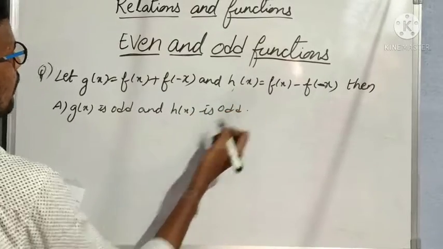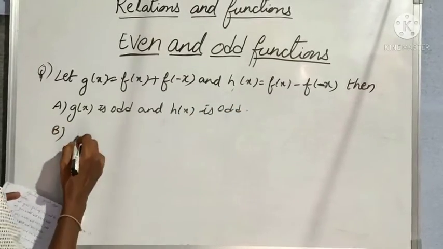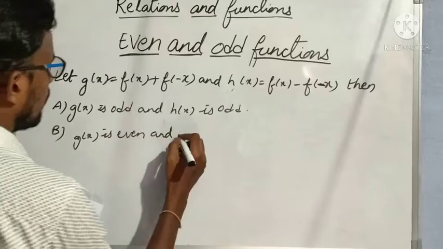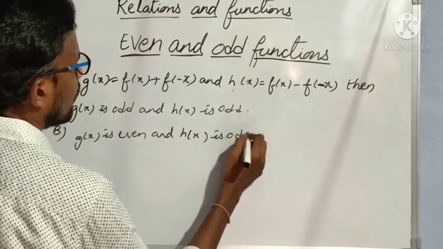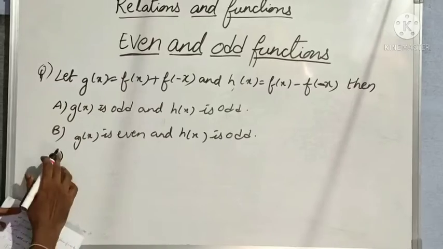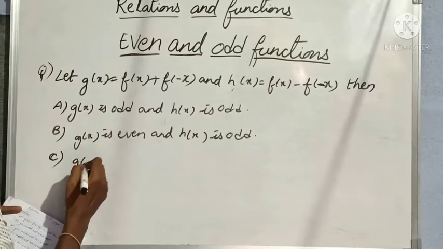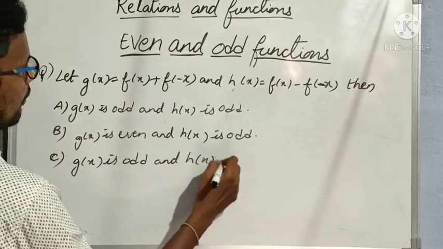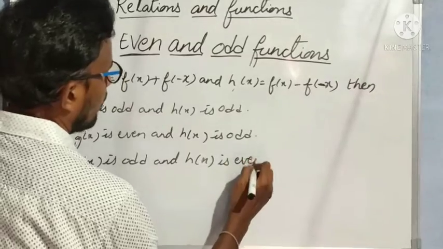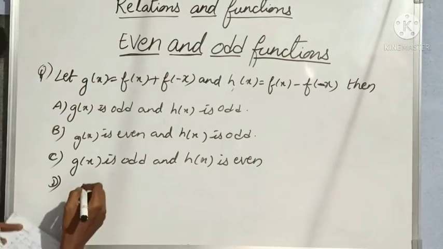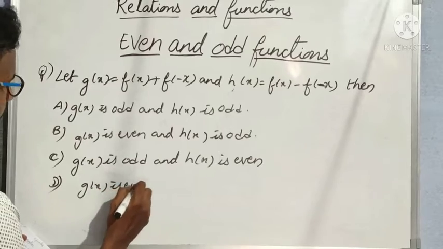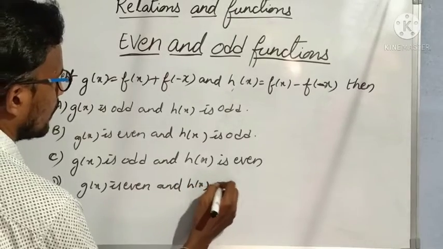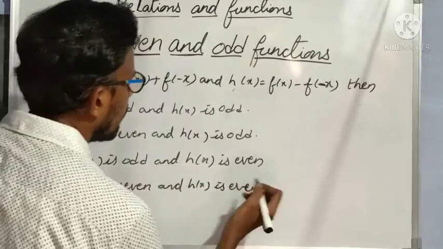Option B: g of x is even and h of x is odd. Option C: g of x is odd and h of x is even. Last option D: g of x is even and h of x is even. These are the four options.